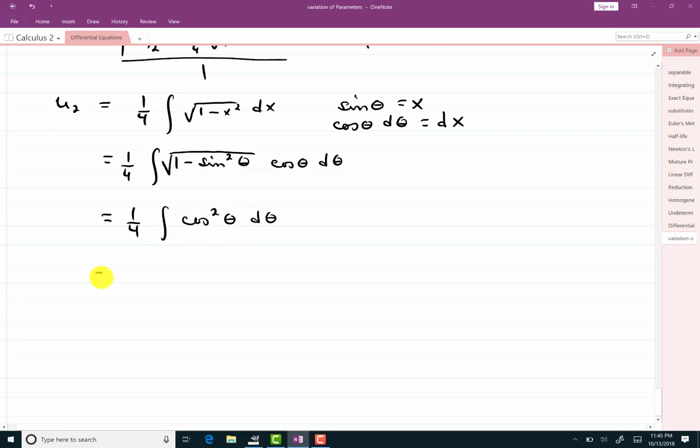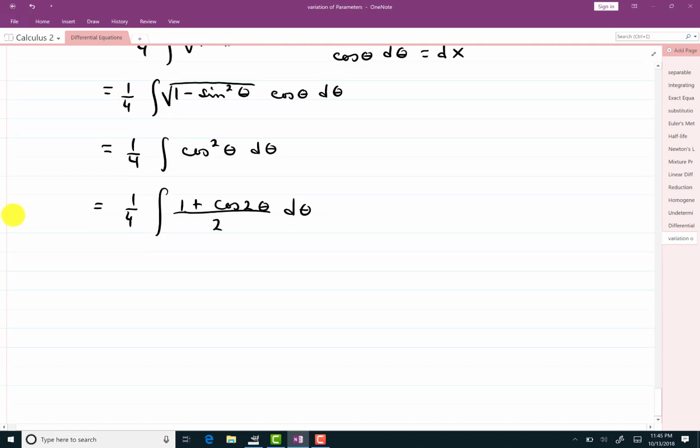And to integrate this properly, you probably remember that you're supposed to use the half angle identity, or maybe it's the double angle identity. I think it's a half angle identity. Like so. Let me go ahead and pull the 1/2 out.